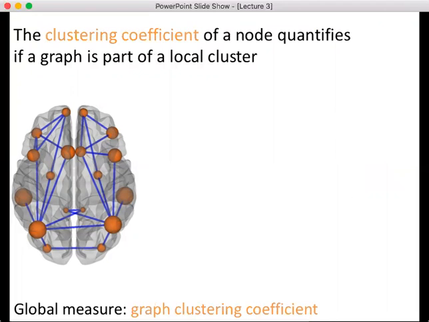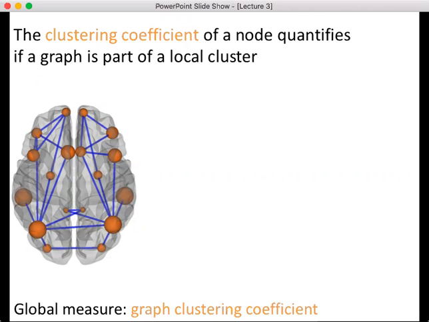Okay, and the other concept I wanted to introduce is the clustering coefficient. So what is the clustering coefficient? Essentially, it's a measure of how clustered a given node is. What does it mean? Just to give you a concrete example, imagine you have some friends, and these friends are also friends with each other.